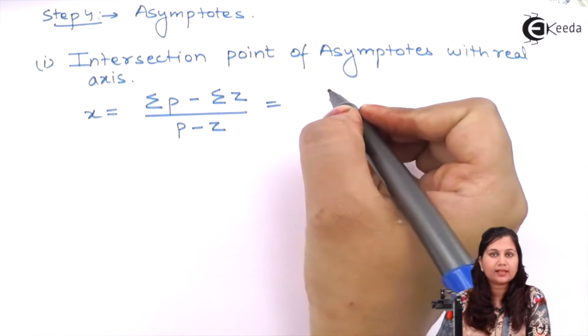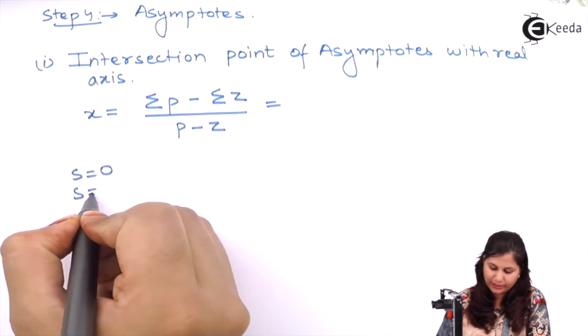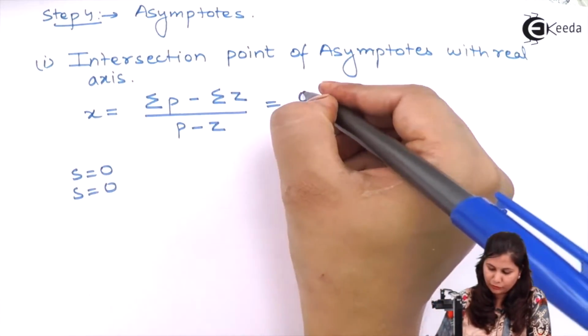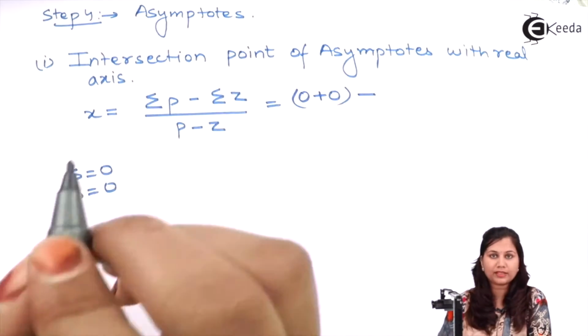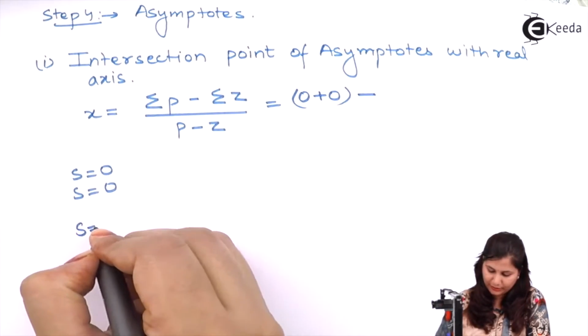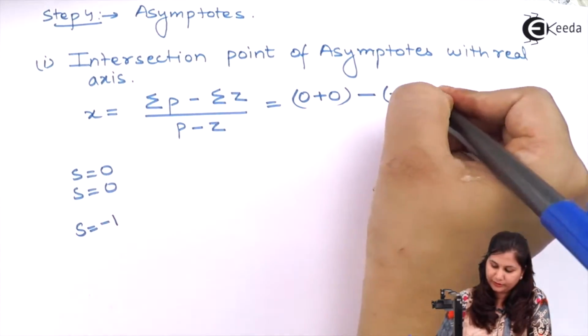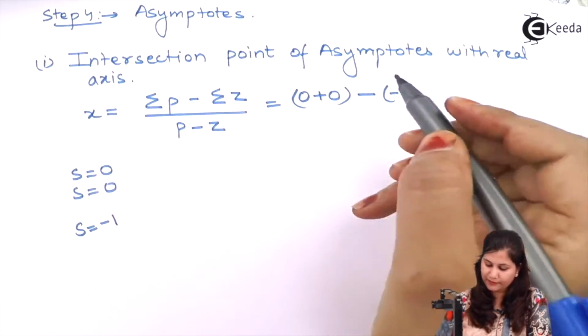We have poles 0 and 0, that is two poles, s = 0 and s = 0. So their sum will be 0 + 0, minus the summation of zeros. We have one zero at s = −1. Putting its value here, this is the summation of p minus summation of z.